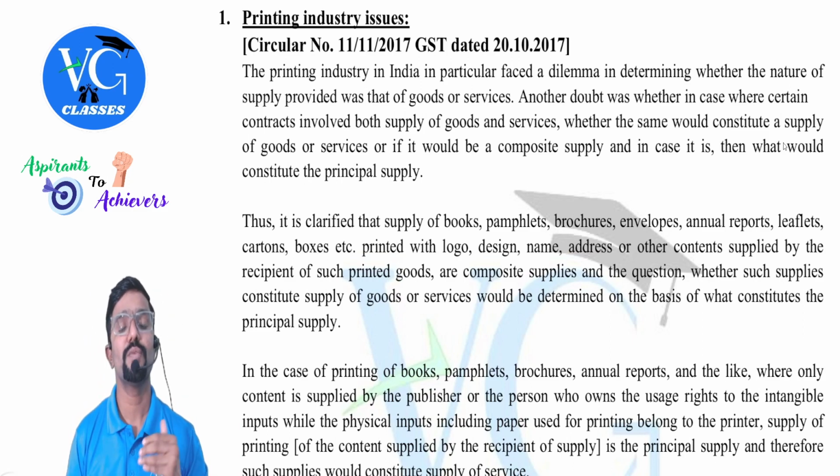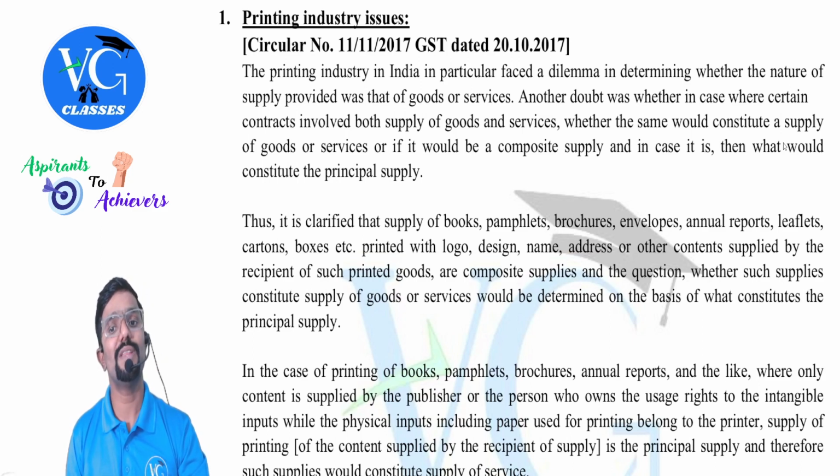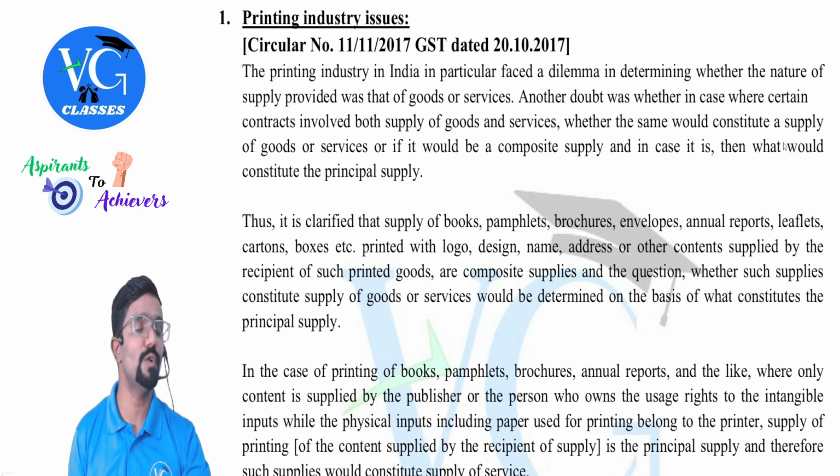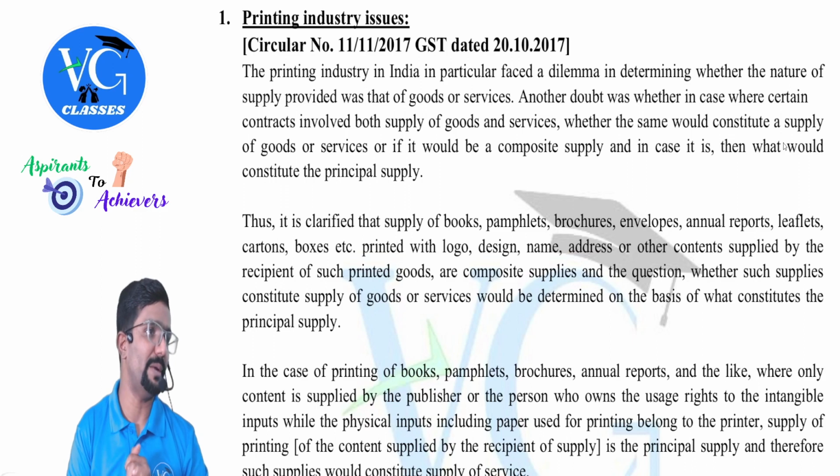So we will see. The printing industry in India, in particular, faced a dilemma in determining whether the nature of supply provided was that of goods or services. Another doubt was whether, in cases where certain contracts involved both supply of goods as well as services, the same would be constituted as supply of goods or services, or if it would be a composite supply, and in that composite supply, which is the principal supply.